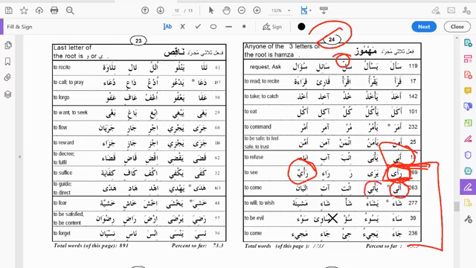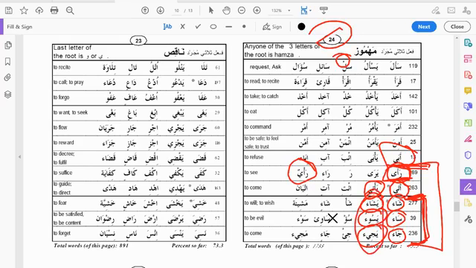Ata, ya'ti, sha'a, yasha', and sa'a, yasu', ja'a, yaji'. Now what I want you to notice is that these three words have a very similar ending, sha'a, sa'a, but when it came to the present tense, they really differed.